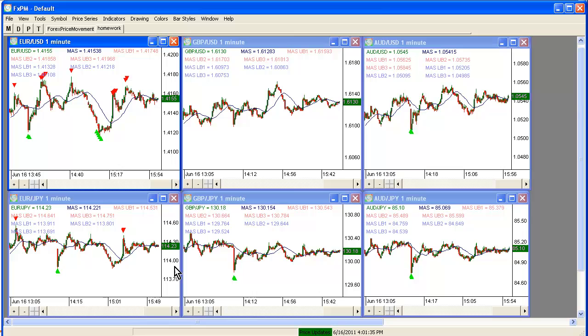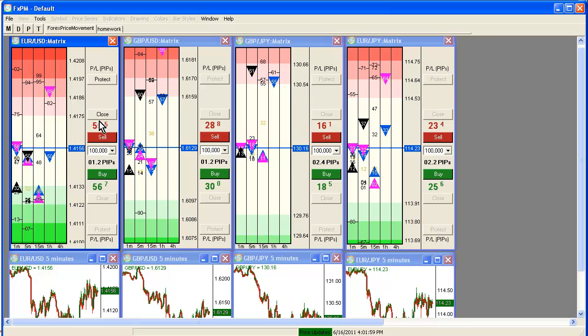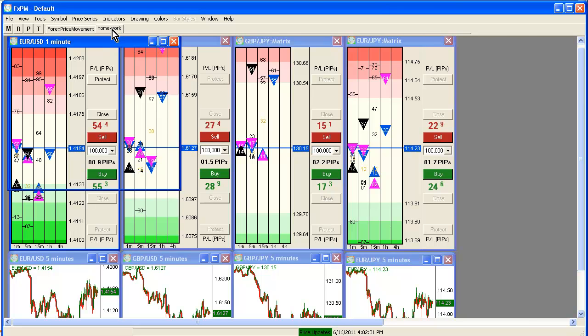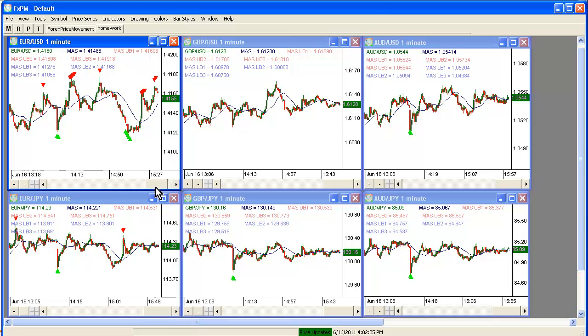When you see these red arrows, that means that on euro dollar, the price hit this red shade right here. And that is essentially where we are taking our passive trades. So when I come back over to my homework, I can scroll through the entire day, mostly the session, and look at the signals that were generated today.